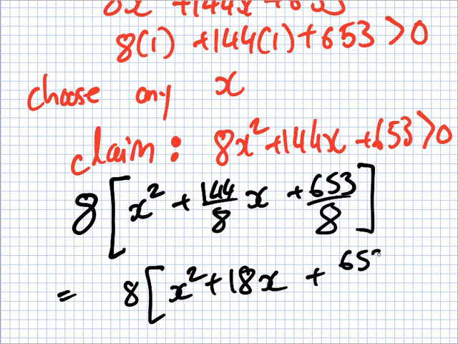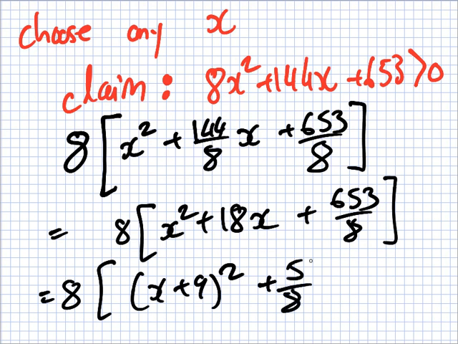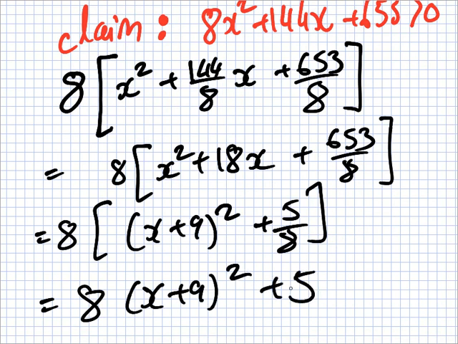Still 653 over 8, isn't it? Right, completing the square, that's 8 times (x plus 9) squared, and then 653 over 8 minus 81. What's that? 653 over 8 minus 81, please. 5 over 8. So that's 8(x plus 9) squared plus 5.